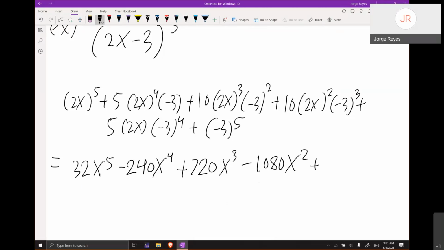And then this last one, so 3 to the fourth power. Do we even know what that is? It's 81, okay. 81 times 10, that's this. And then the last one, negative 3 to the fifth, that's negative, so it's going to be negative 243. And ta-da, there's the answer.